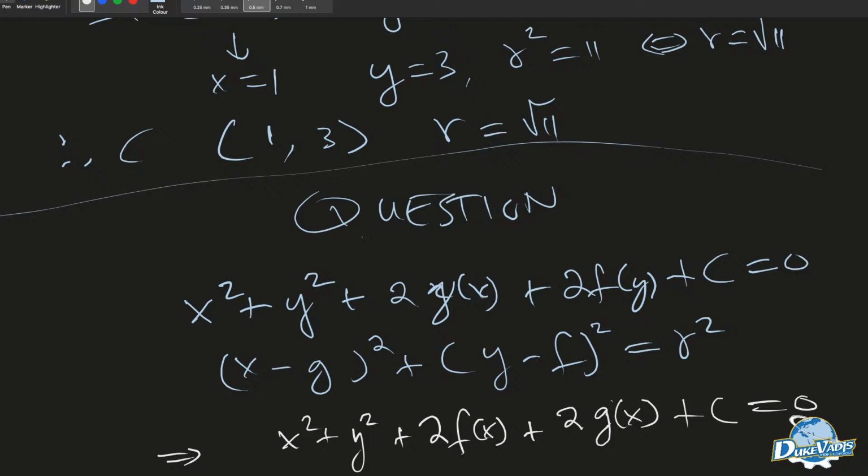Well, let's see how best we can explain this. These two equations, are they the same?